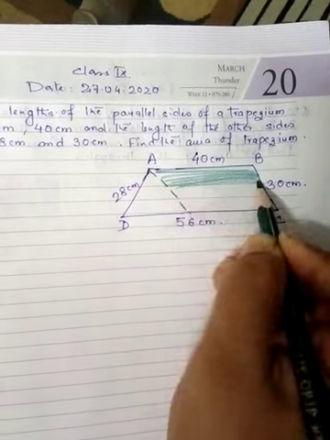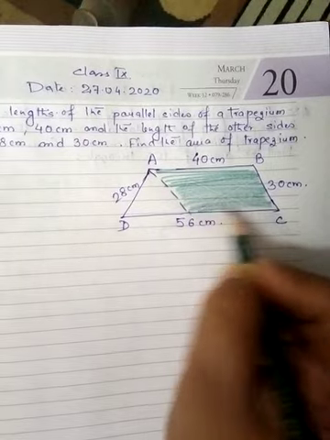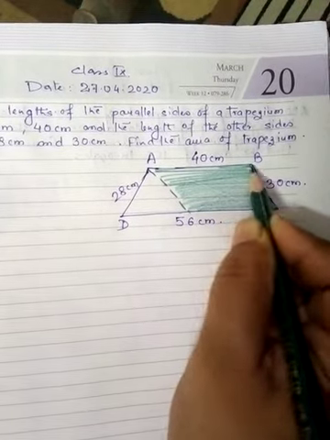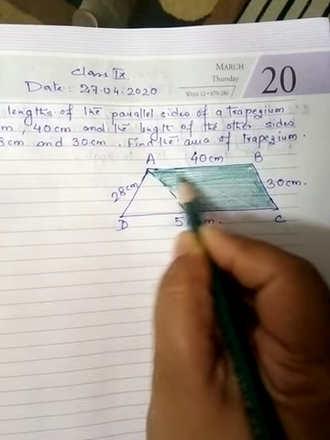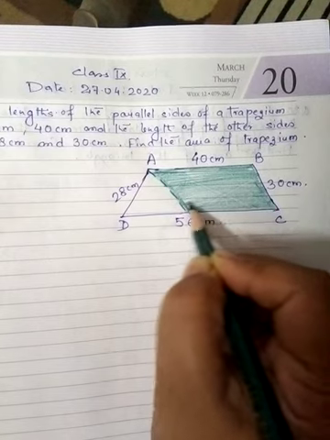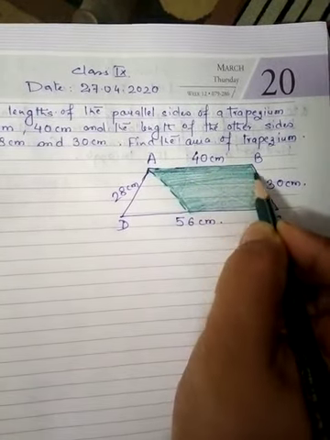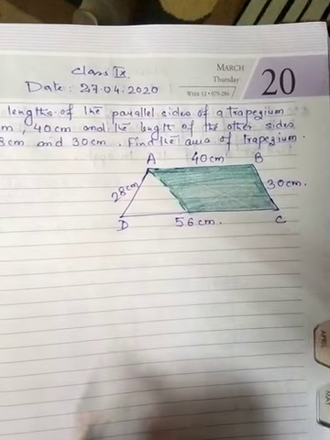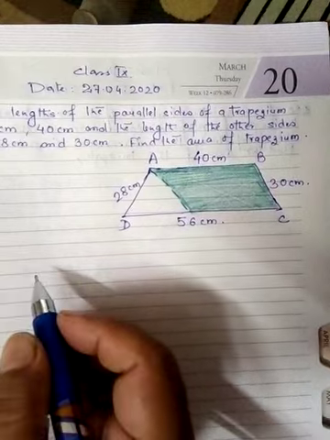So this will be our parallelogram. Let's first do this one. We had done this type of question in class 8 also, but the difference is that in class 8 the non-parallel sides are equal in length. Right now we have different lengths of non-parallel sides.